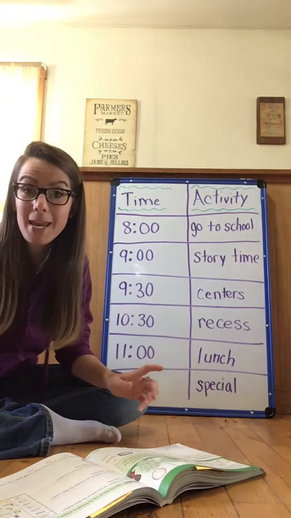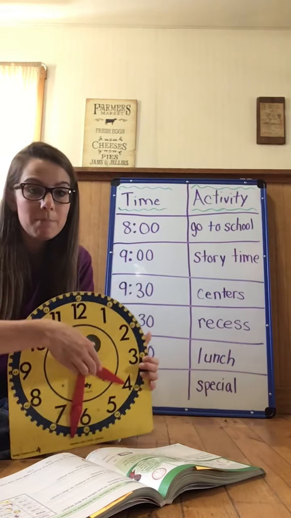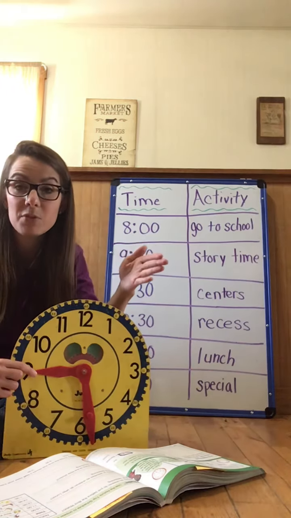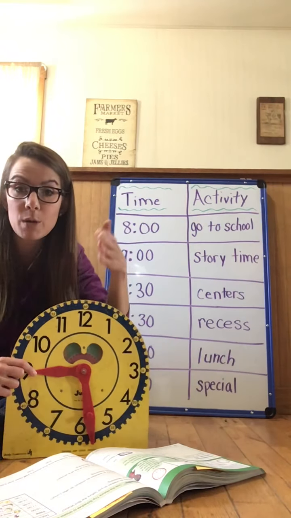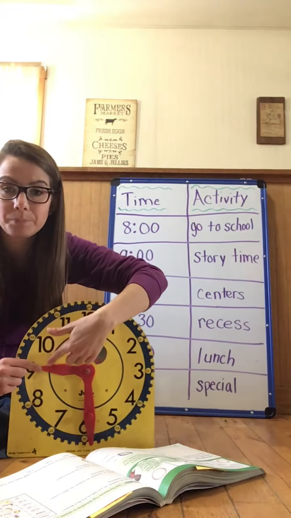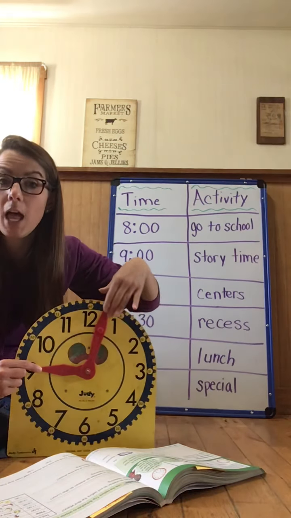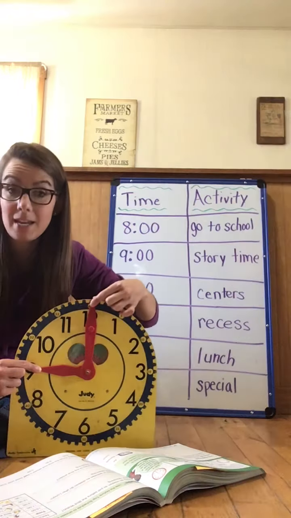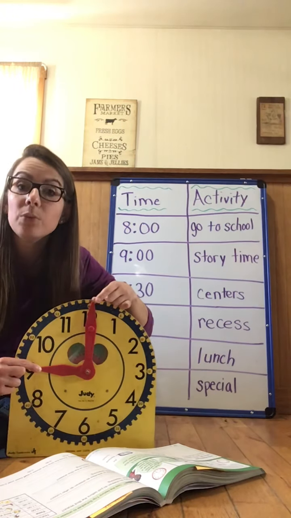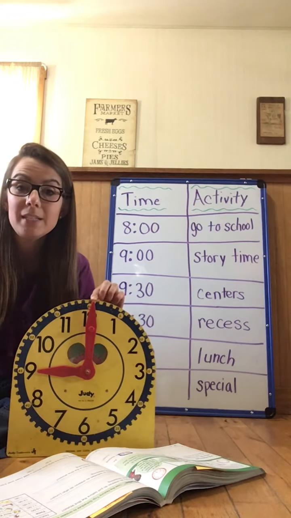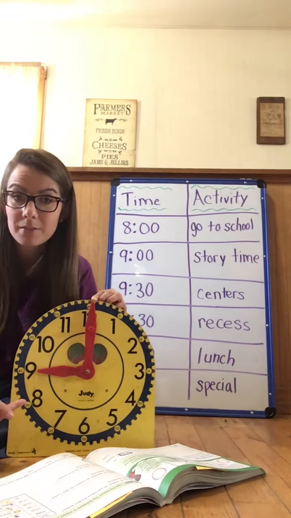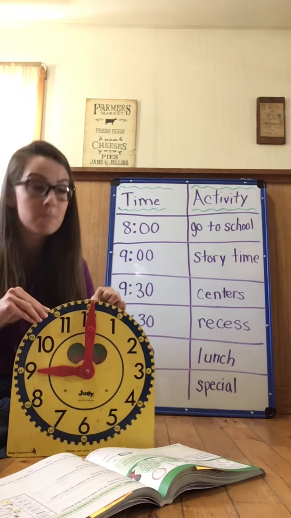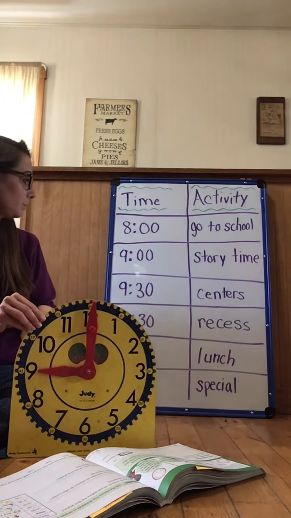Now, if I were to make that on my clock, remember the hour hand, that little hand, points to the number. It's pointing at the 9. Now, to make it a clock, that 00, the minute hand has to be straight up to the 12. So this is 9 o'clock. This is the way we can show what time story time is.